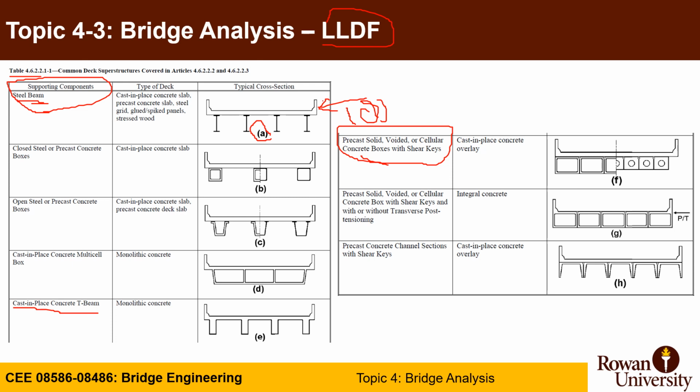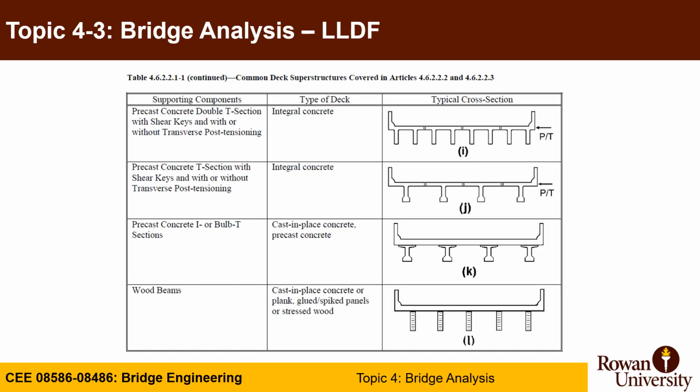So the symbols for those are A, F, and K. You can see in K, precast concrete I or bulb-T sections, on top of which is cast-in-place concrete or precast concrete, which is the bridge deck. So you need to know which system you have, A, B, C, D, whatever, but most likely it will be A or K.